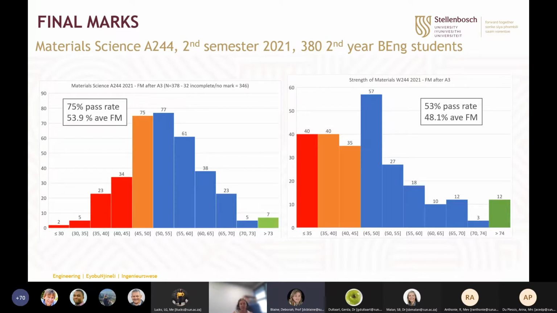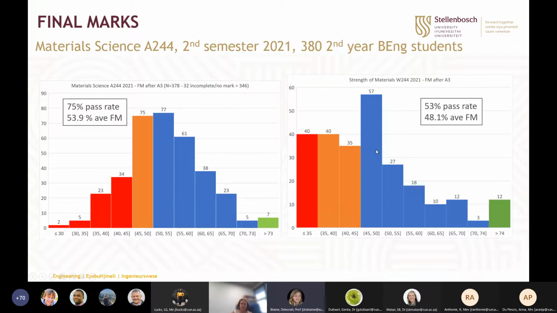So 2021 was a major fallout year, especially for our second year students who were on campus for the first time. I think a shining example of why this was a success: materials science typically has a pass rate of 85%. We dropped 10%, and it typically has an average final mark of about 58%, and we dropped about 4% there.